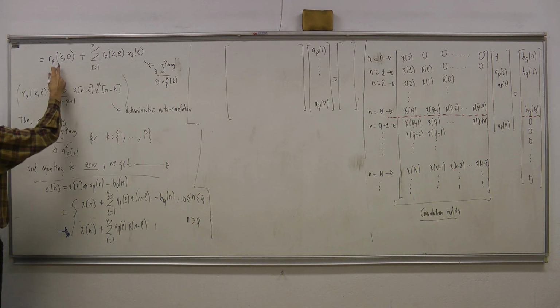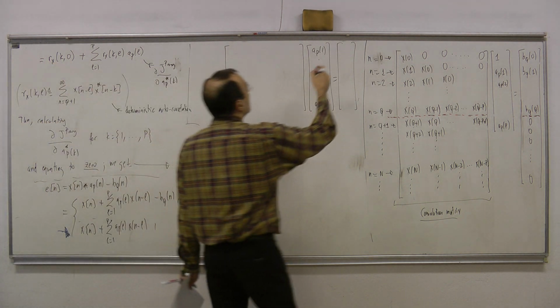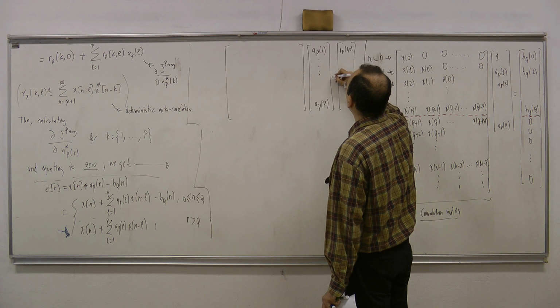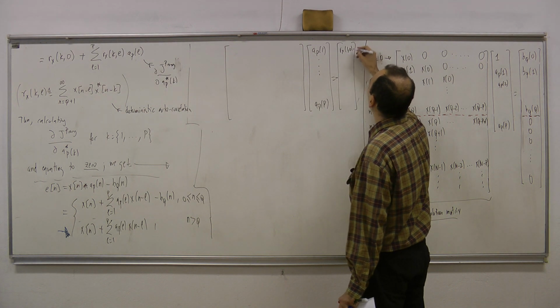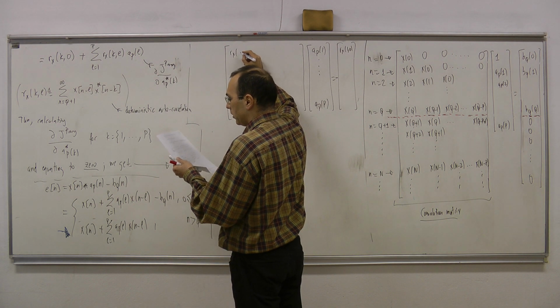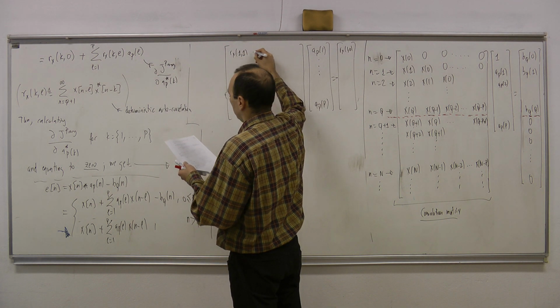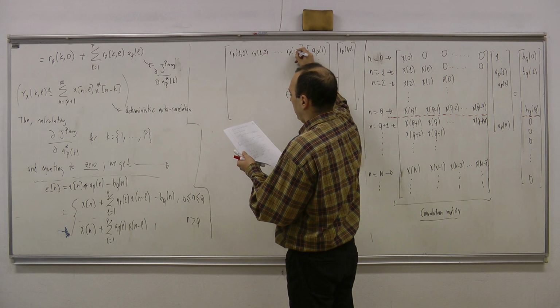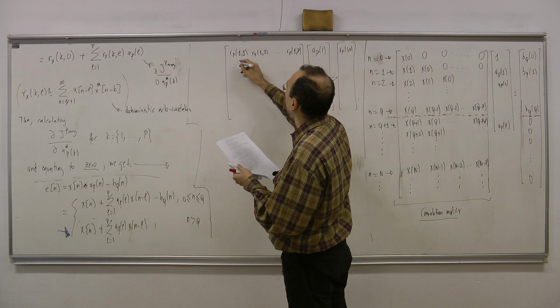Repeat the same thing. When k is equal to 1, I have rx 1, 0, but with a minus sign over here. Okay. Then this is rx 1, 1. Rx 1, 2. Rx 1, p.